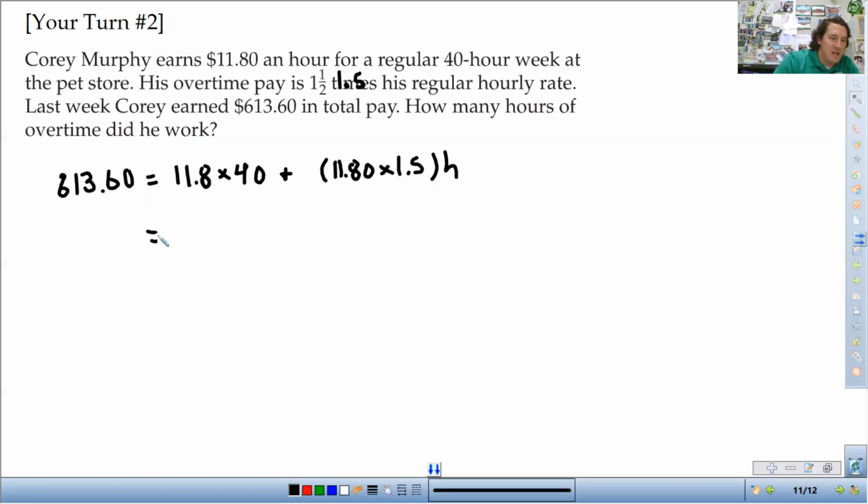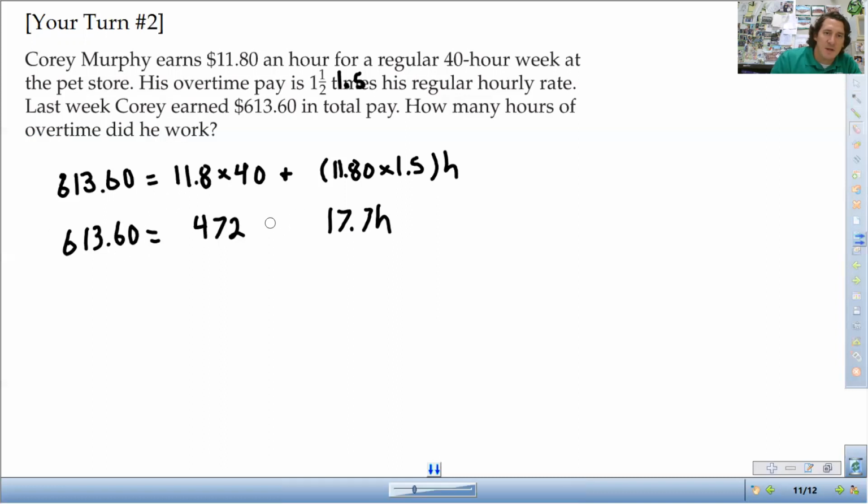So 11.8 times 40 is 472, plus 11.80 times 1.5 is 17.7 times H. Let me make that look a little bit better.